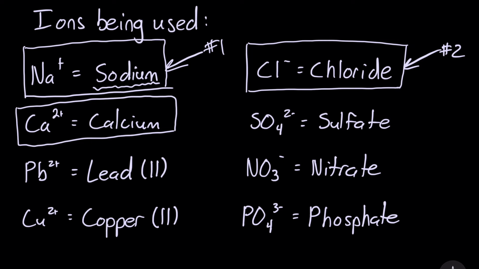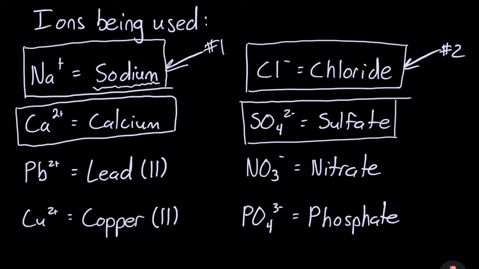So Ca2+, the name of that is calcium. Calcium will have a 2+ charge when in ionic form. And our second ion, our anion, is sulfate. The chemical formula for sulfate is just SO4 2-.